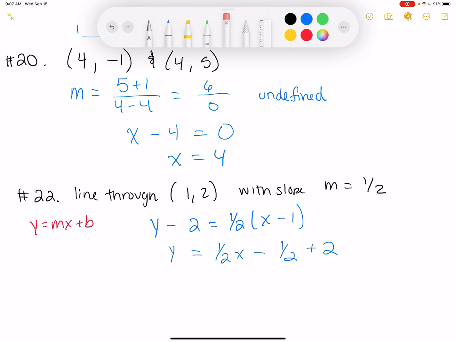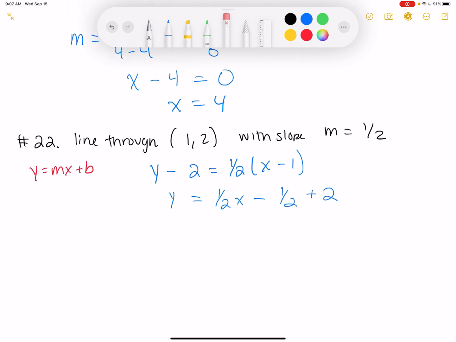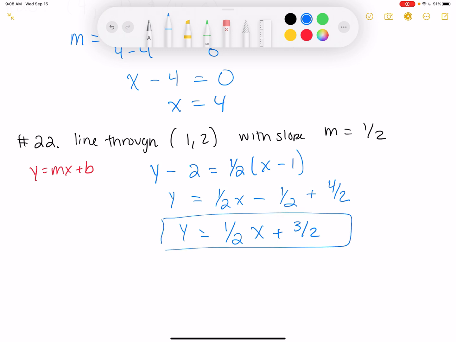Y is equal to 1/2 x, and then this 2 I can rewrite as 4 over 2. We all see that, right? Makes sense. So 4/2 minus 1/2 is 3/2, and now I'm in y equals mx plus b.